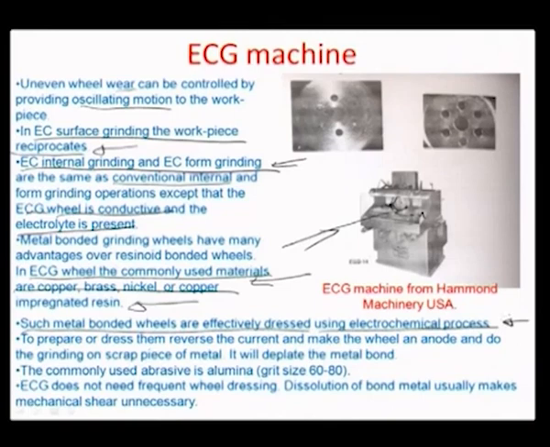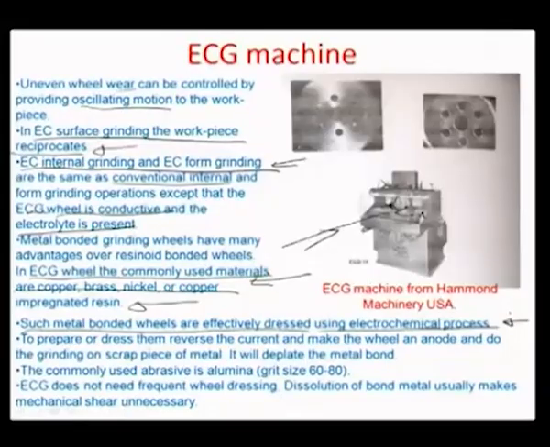The only thing which is needed for dressing is that, because in the ECG process you have electrochemical dissolution, you have to just reverse the dissolution, so that the dissolution happens from the tool side rather than the workpiece side. So if it is a copper impregnated resin, then you make sure that the electrolyte which goes in dissolves the copper with respect to a workpiece which displaces copper from its metal state into the solution. So it is the reverse of the ECM process as such. Okay, so it is the machining on the tool that you are talking about, but the dressing has to be in an electrochemical sense, which is done in this particular operation.